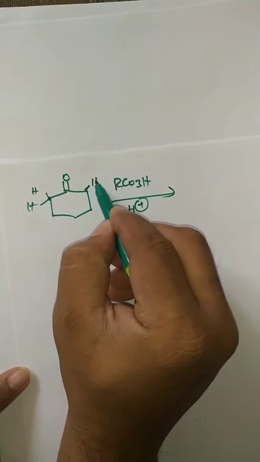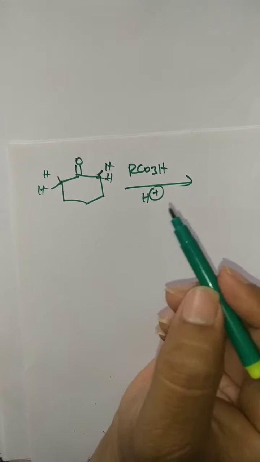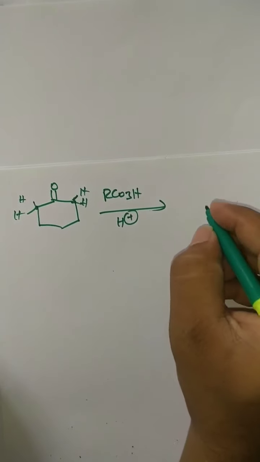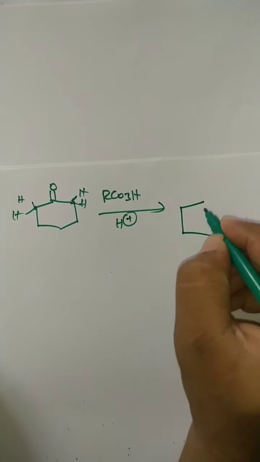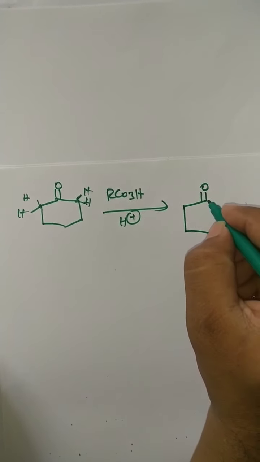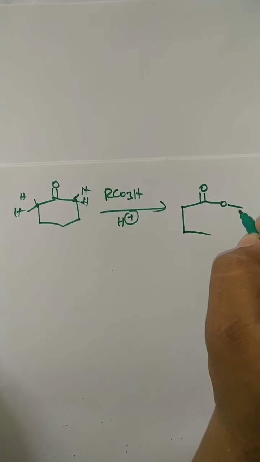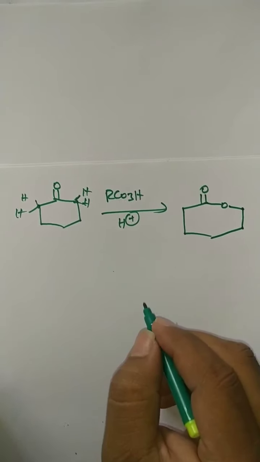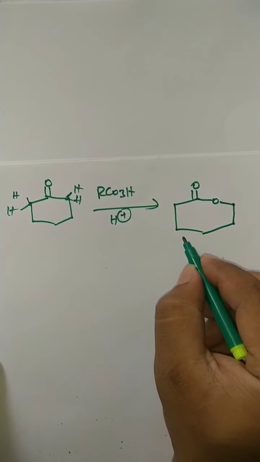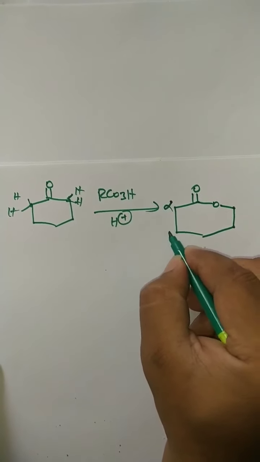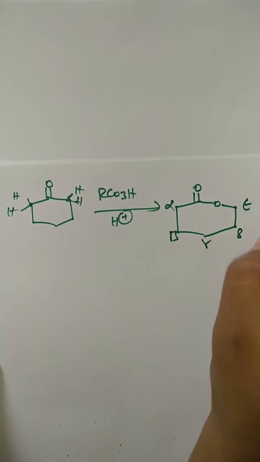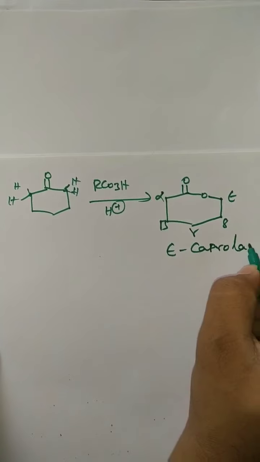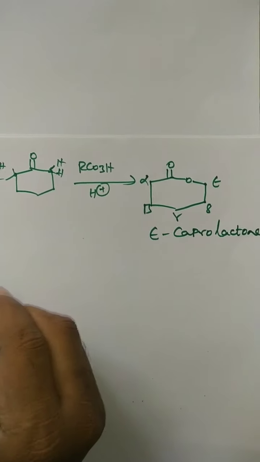Now the additional oxygen gets inserted between them, on any side you can do. Here the additional oxygen. This is alpha, beta, gamma, delta, epsilon. So this is called epsilon caprolactone. This name is epsilon caprolactone.